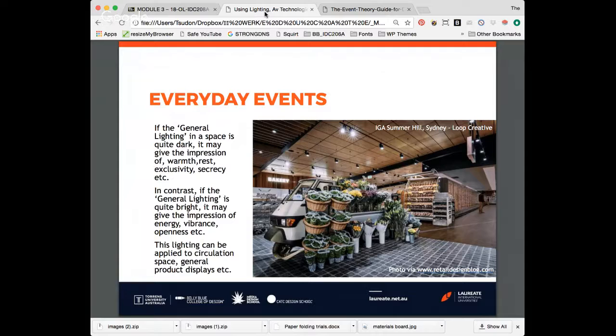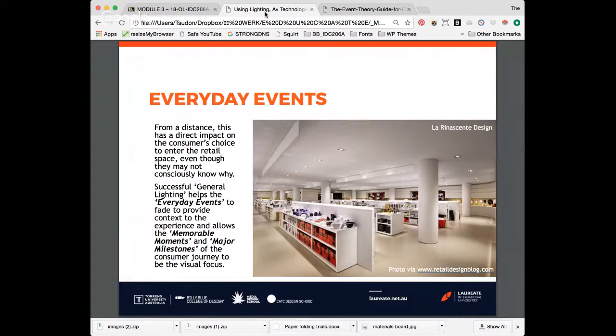So we can apply this general lighting to areas such as the circulation zones and also the general product display areas, so the areas where the usual catalogue of products are being showcased. From a distance, this has a really direct impact on the consumer's choice, and the general lighting should help the everyday events to just fade into the background and provide context to the experience.